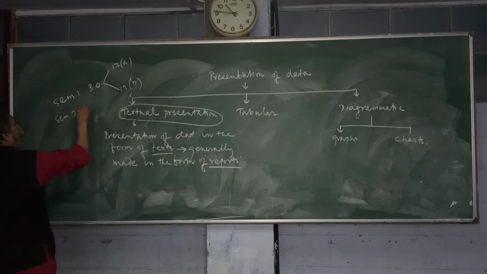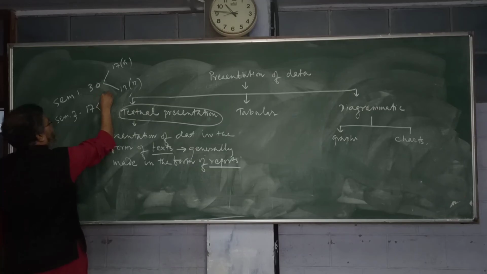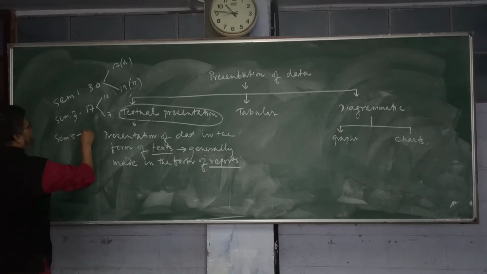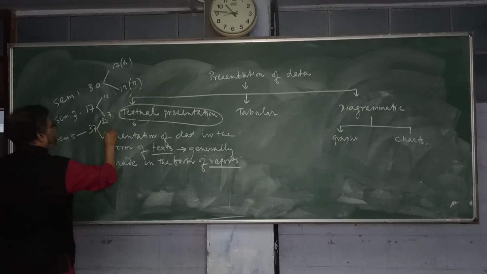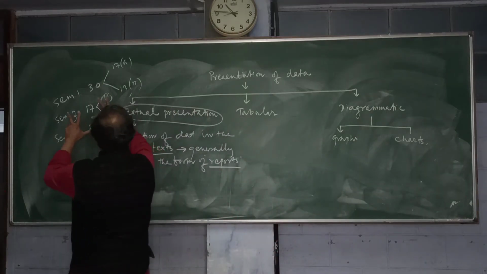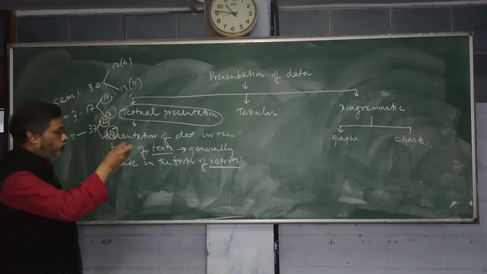Semester 3, you are now 17, out of that maybe 10 and 7. Semester 5, that is 37, out of that 22 and 15. These are the data you have. You have to present in the form of a report.